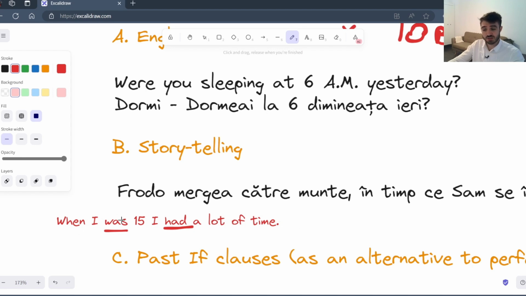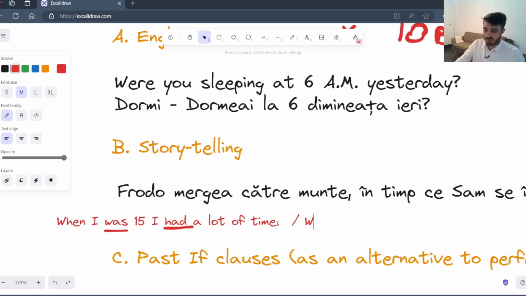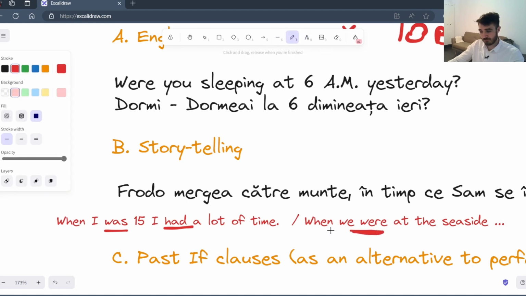Yeah, so also this is to have in Romanian. So, când aveam 15 ani, aveam mult timp. This doesn't have to be the age. It can be, for example, about when we were at the seaside, blah, blah, blah. So this we were, it would be eram. So it would be imperfect.